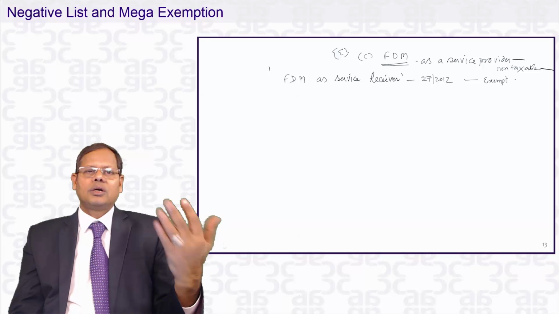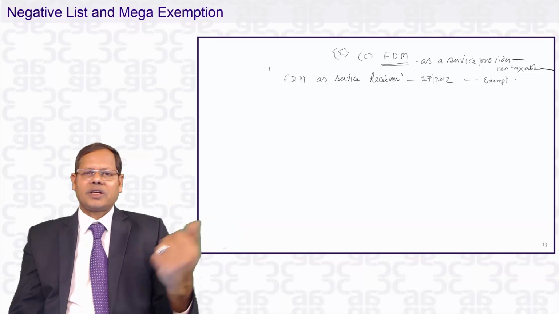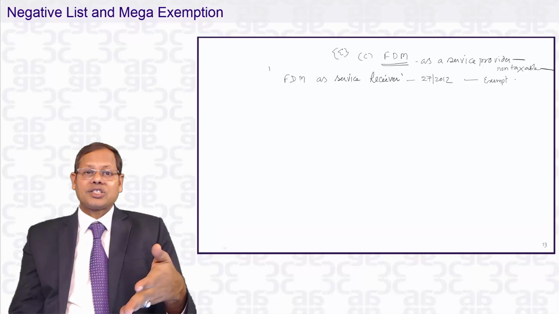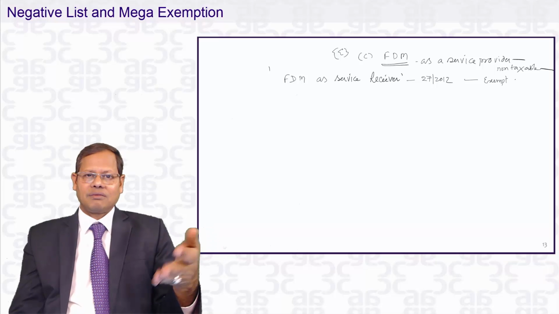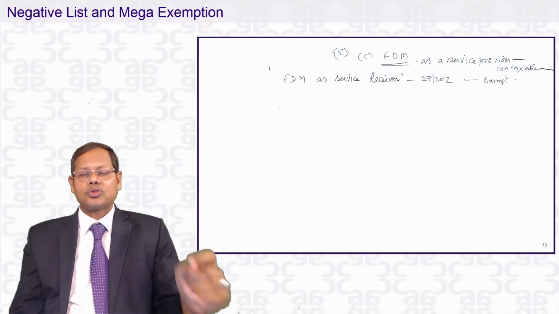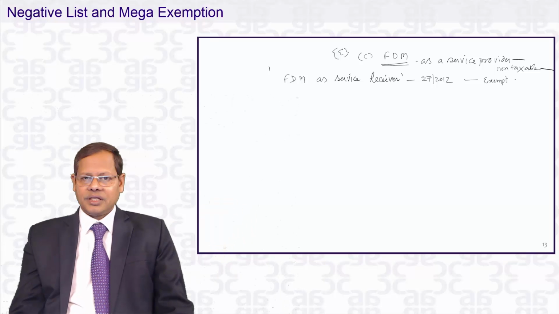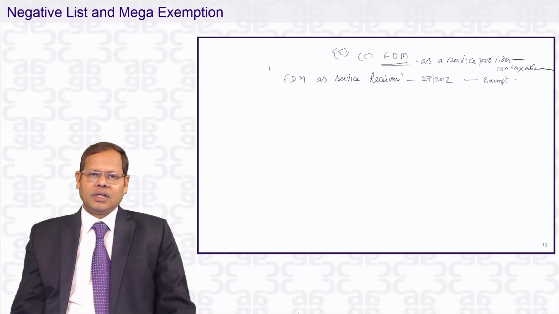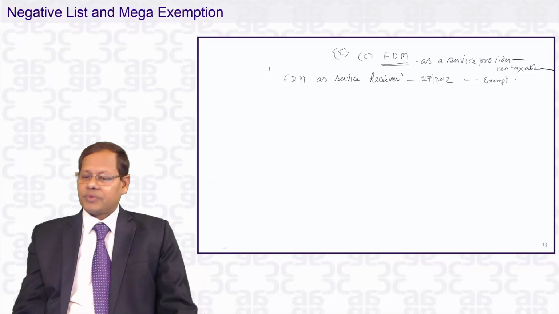S stands for speed post, P stands for express parcel post, L stands for life insurance, and A stands for agency services, like as a mutual fund agent or as agent collecting fees for a passport, etc. So SPLA services and also aircraft vessel related services and transport related services we have seen now.